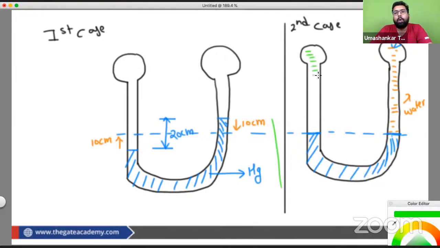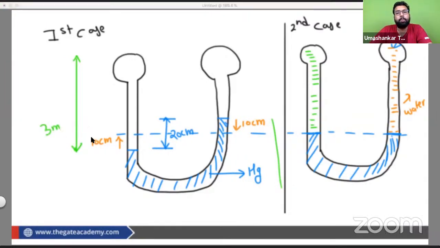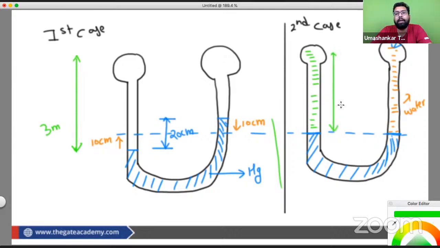Now previously it was 3 meter from this point to this point. Now it went 10 centimeter up. So from here to here, how much does it remain? It remains 2.9 meter.